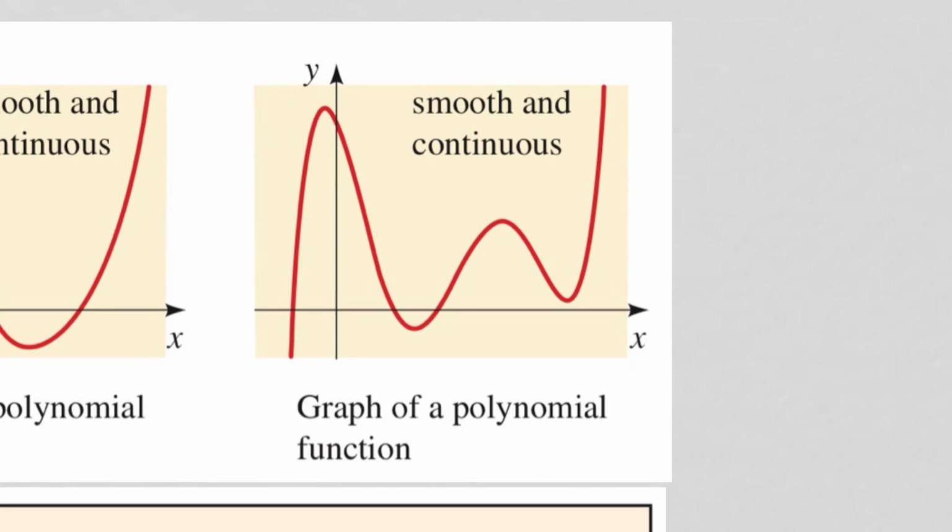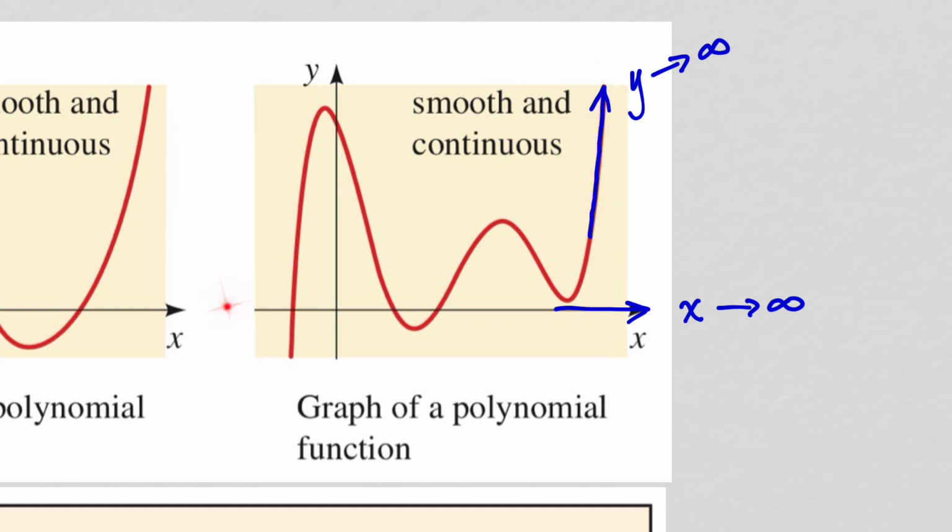So if you consider the graph that you see here, what I want you to notice is that on this graph, as x is getting larger and larger, so over on this side of the graph, we would write x is going to infinity. You'll notice that this part of the graph also has the y values going to infinity. In other words, as x is getting larger, y is also getting larger.